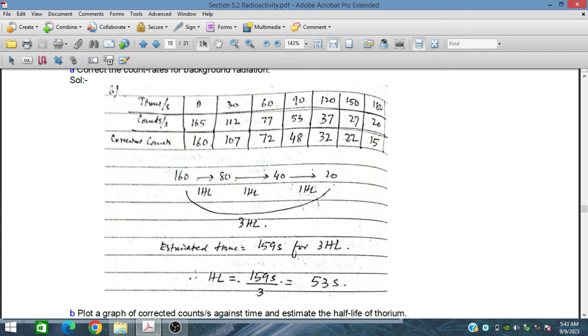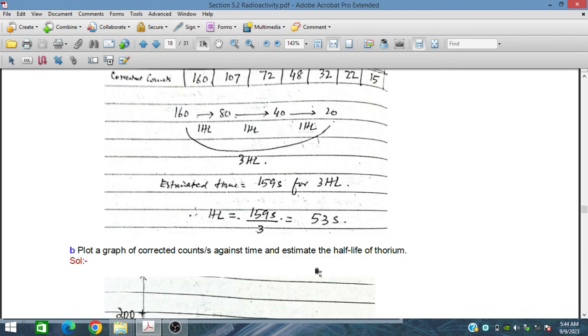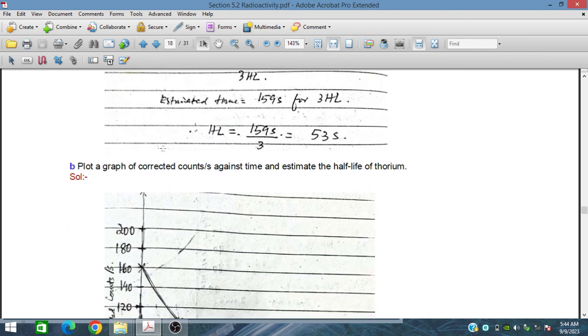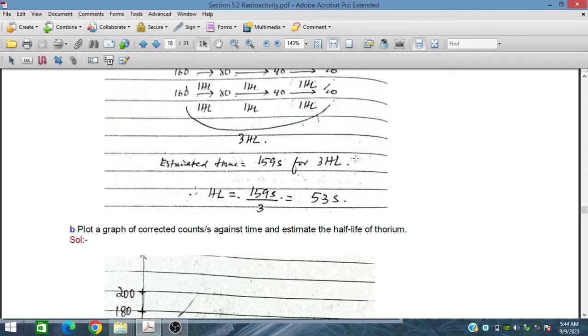So 159 seconds takes 3 half-lives, and one half-life is basically 53 or 54 seconds. It's very close. Next, plot the corrected counts against time and estimate the half-life of thorium.